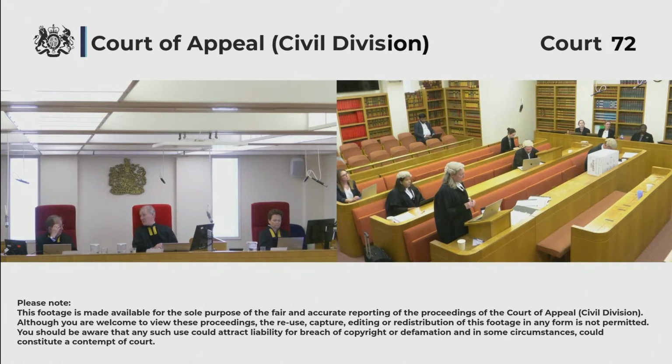Can I just ask one question? If you turn it on its head, what do we do if we decide that there is a material error in the upper tribunal judgment, but you would wish to say, well, there's still a wrong decision at first instance?